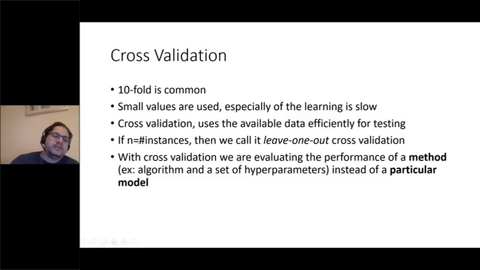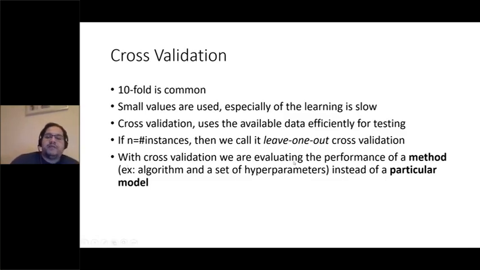If n equals the number of instances, for example, if you have 1,000 data points and n equals 1,000 folds, then we call it leave-one-out cross-validation. But this costs a lot. You train a model on 999 samples and you test on only one. This will cost a lot of time. In practice, we never use it.